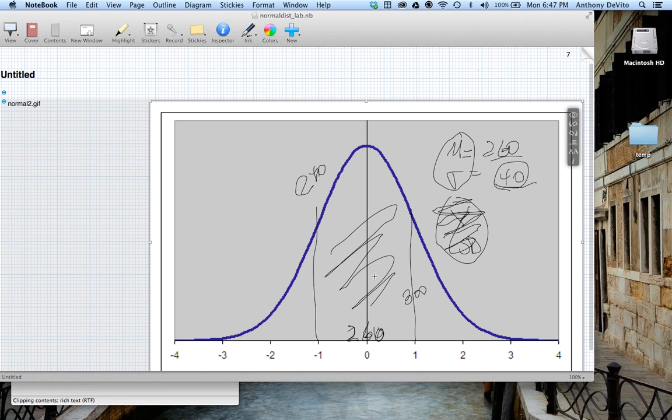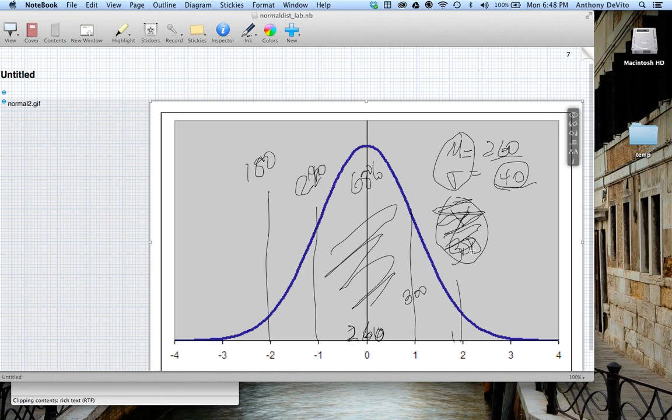How many standard deviations? What's that? 220. Yep, 220 and 300. Right? So what's the probability? Roughly 68%, right? What's the probability that it would be between, say, let's see, what's it going to be, 180 and 340? Right? That's 95%.